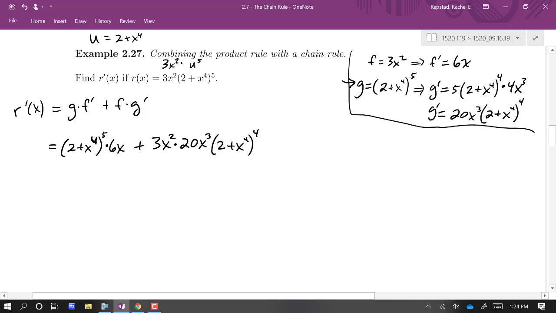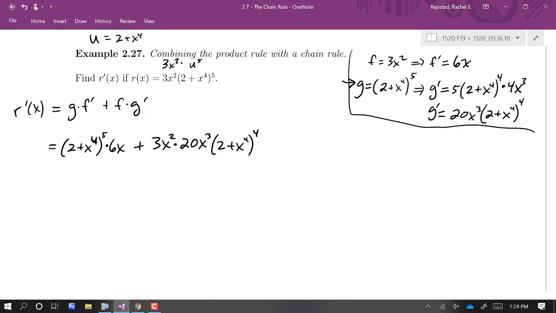Now this expression right here is equal to r prime of x. It is very much unsimplified. Definitely not okay to leave it there. We still have, I would say, a decent chunk of the work ahead of us. But it's algebra, so we should be pretty excited about that, because we could do algebra all the livelong day.